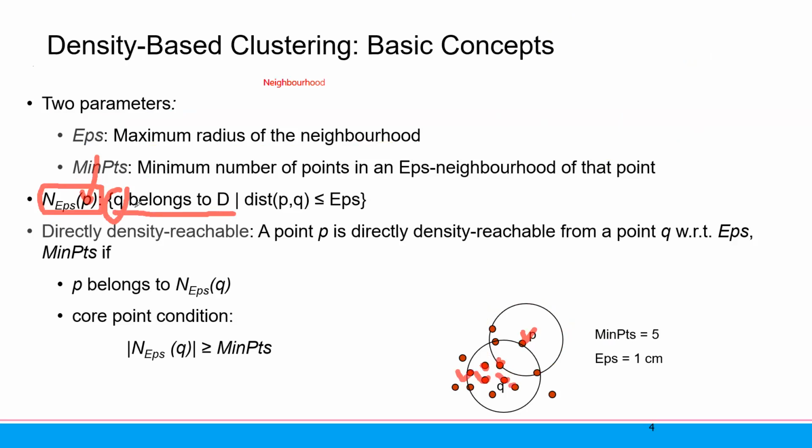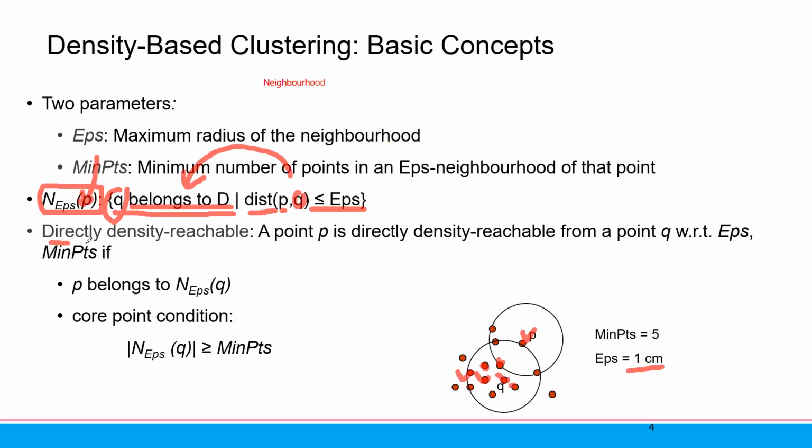We want to check the points where the distance from P to one particular point is less than or equal to EPS. So if the distance is less than 1 centimeter, then it will be included in this neighborhood.